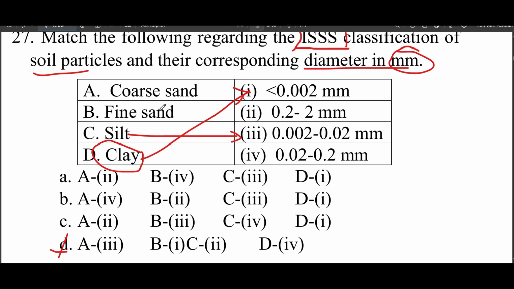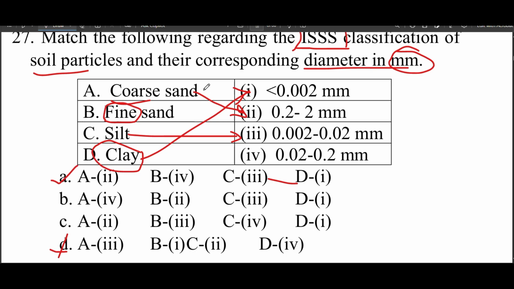We can't use this technique frequently, but let's look whether it works. Then fine sand and coarse sand. Fine will be somewhat less in size, so coarse is the greater size here, 0.2 to 2 millimeter. So A will be 2, B will be 4, C will be 3, and D will be 1. So A is the correct answer.